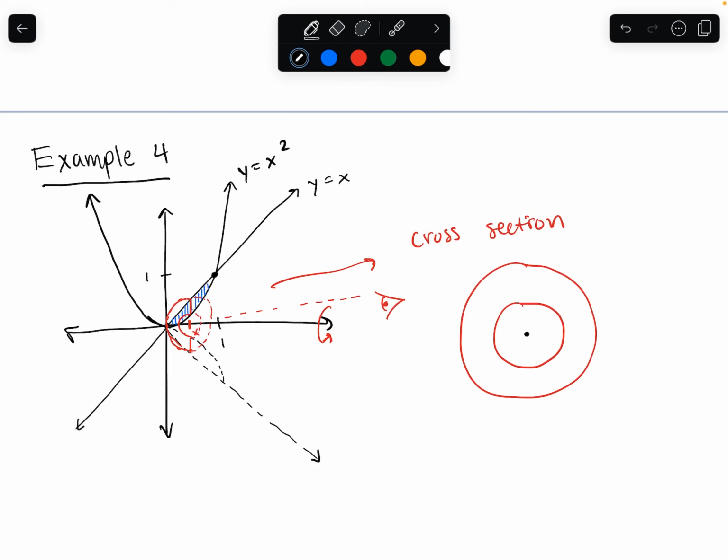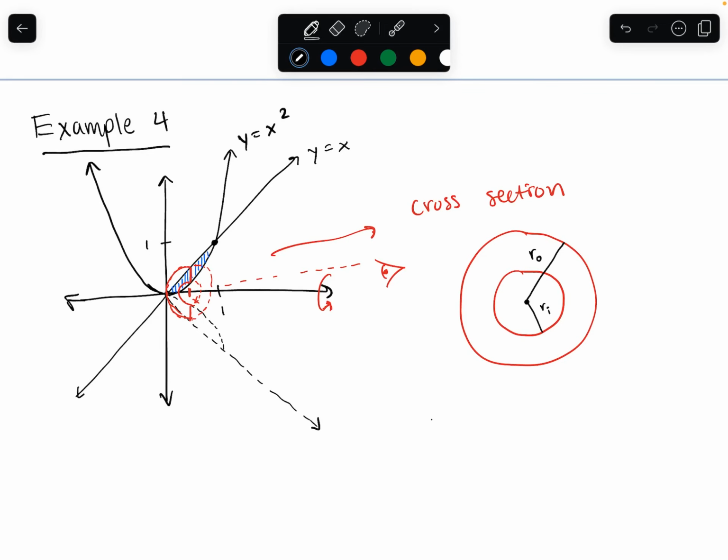And the circle with the hole in it has an inner radius and an outer radius. So let's talk about the outer radius first. I'll call this RO for R outer. You have this inner radius RI for R inner.